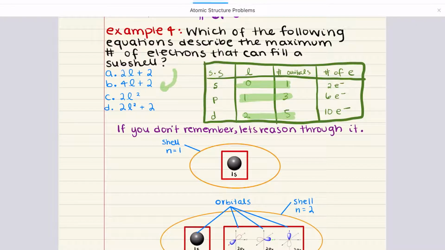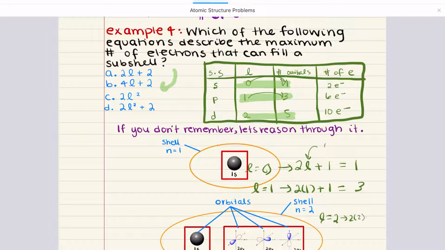We did talk about this expression, but even if you don't know it, you can work backwards by figuring out the relationship between these values. The relationship is going to be 2l plus 1. So when l is equal to 0, this equation gives us a value of 1. When l is equal to 1, this equation gives us a value of 3. When l is equal to 2, this gives us a value of 5.